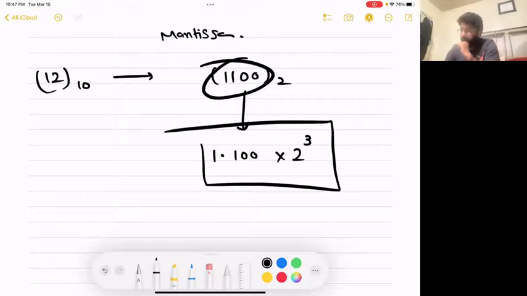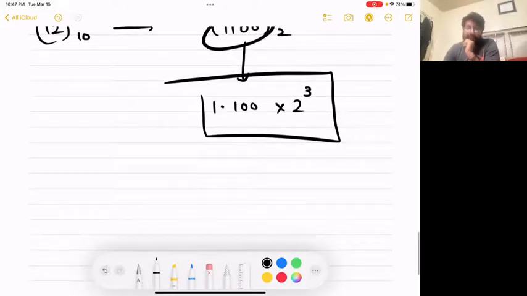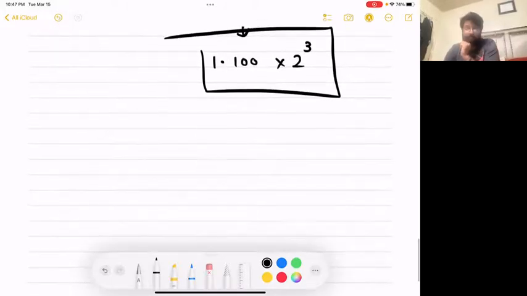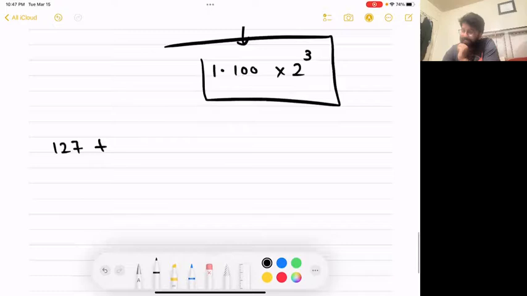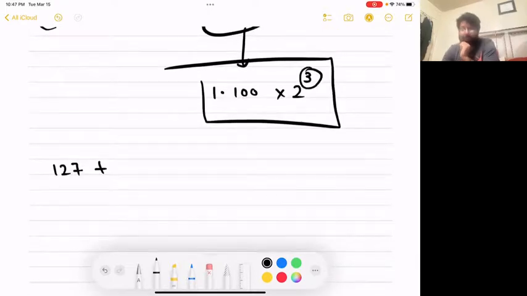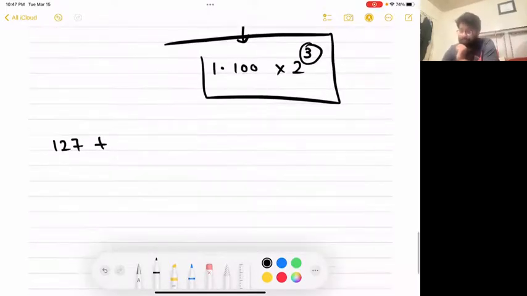All right. Okay. Now, to find the exponent, we're going to do something that I don't have any explanation for. We're going to do 127 plus whatever this number is, whatever 2 to the power of something is, we're going to just add them.